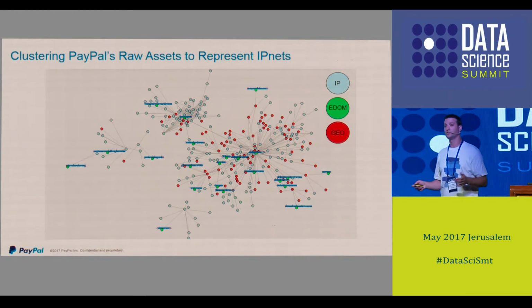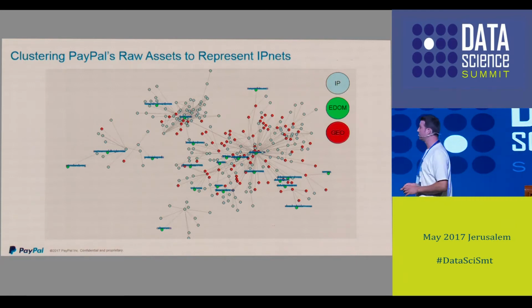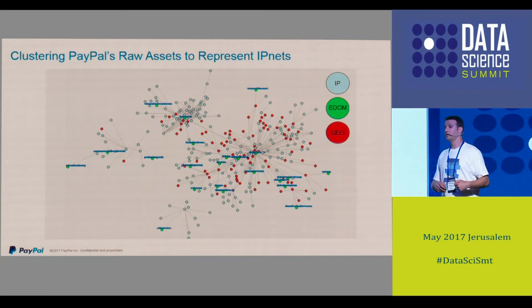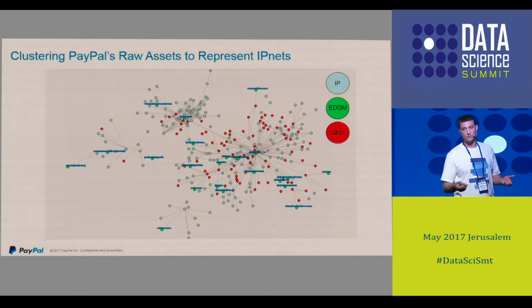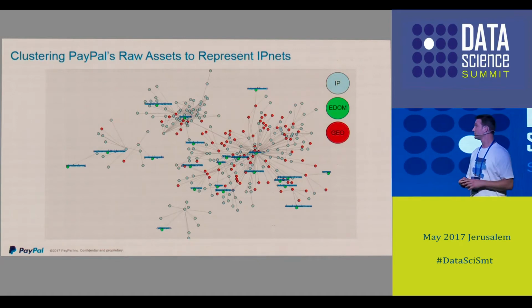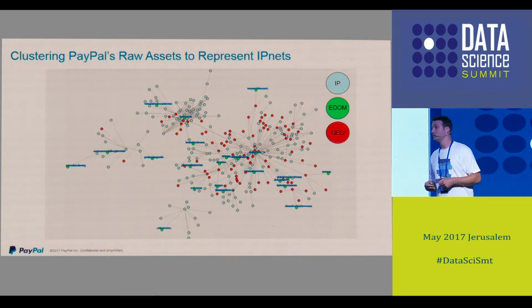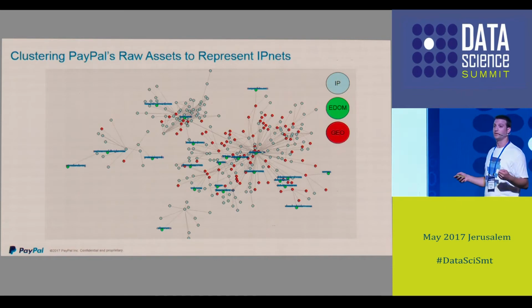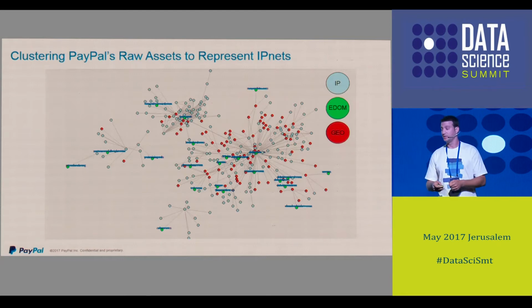If a user logs into our systems from a certain IP for the first time, we can't say much about that. But if he is already logged in from another IP, from the same IP net, we can easily leverage this information. Another example, you could think about P2P money transfer. It would be much easier to enable the transfer if both peers use the same IP net.